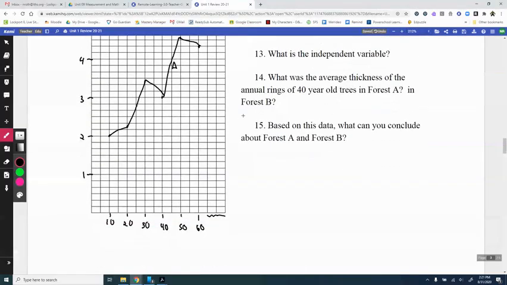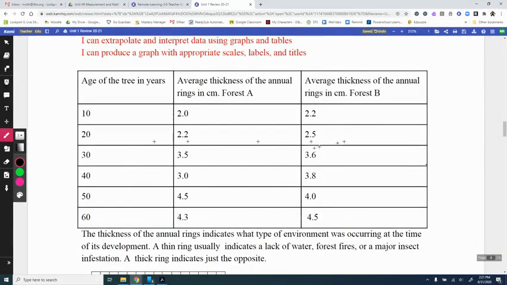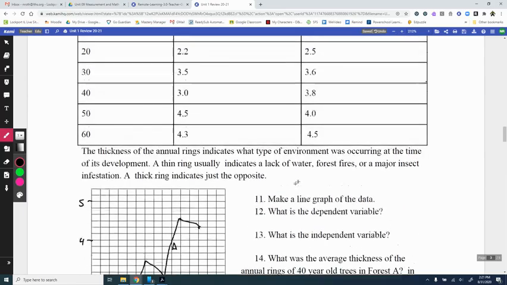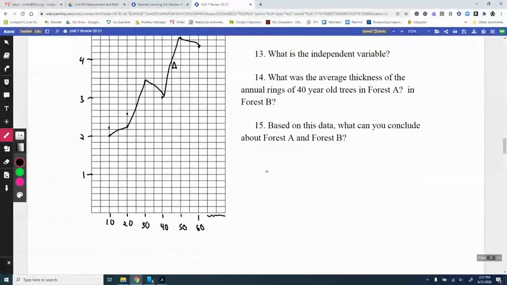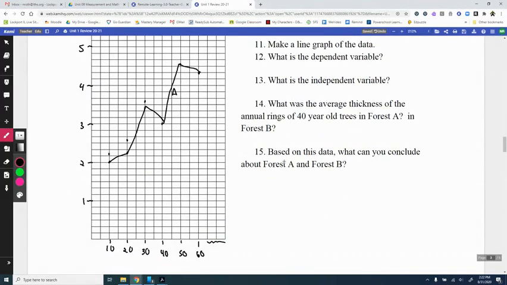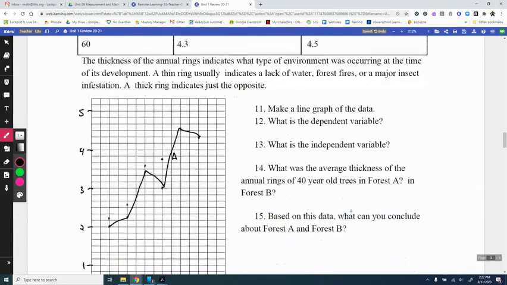So at 10 years, we got 2.2. So 10 years, 2.2 right there-ish. Then 20 years, 2.5. Then 30 years, 3.6. 40 years, 3.8. 50 years, 4.0.